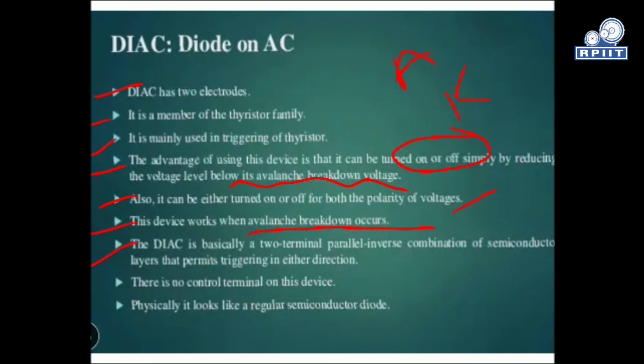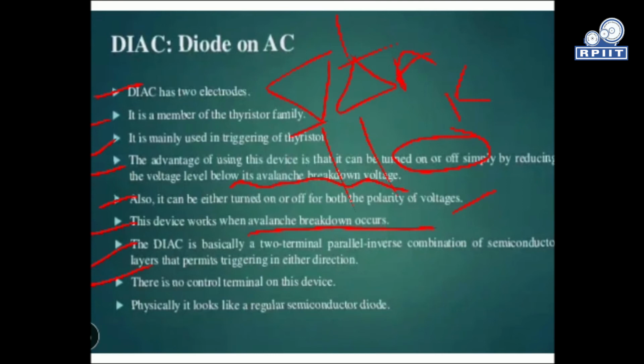So a DIAC is nothing but a combination of two diodes basically. These are the construction of the DIAC. They are connected in parallel in inverse direction, so they can be triggered in either direction, reverse or forward.